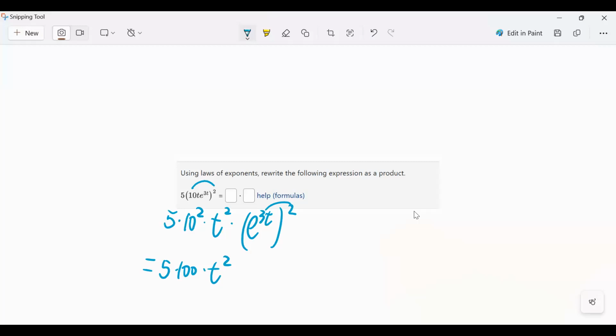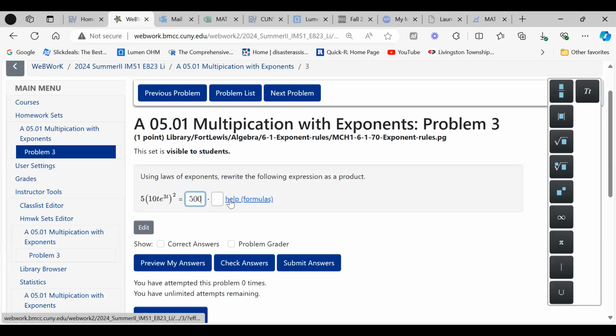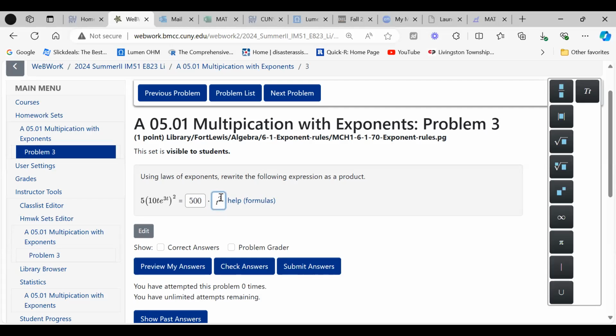Now we multiply 3t by 2. 3t times 2 gives us 6t, and 5 times 100 is 500. So you put 500 as a coefficient, t squared times e to the 6t, in the second box. So 500 goes here, t squared, times e to the 6t.